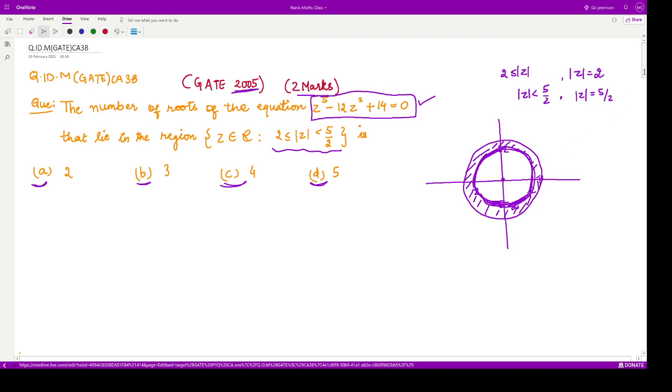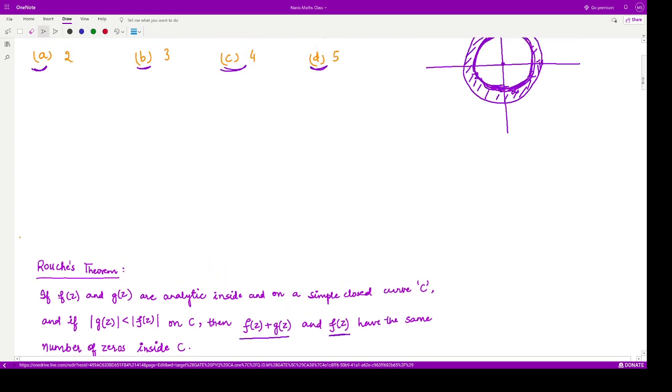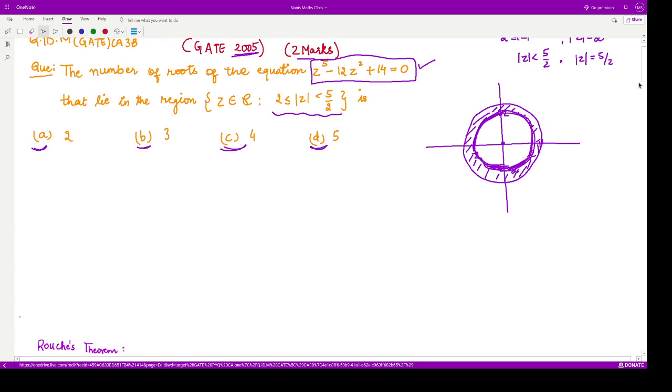For that we'll make use of Rouche's theorem again, where they are saying if you have two polynomials which are analytic inside and on a simple closed curve C, then moreover, if this inequality is satisfied, the number of zeros of f of z plus g of z and f of z are the same. So let us first see the number of zeros when we consider the circle C1 to be mod z is equal to 2.